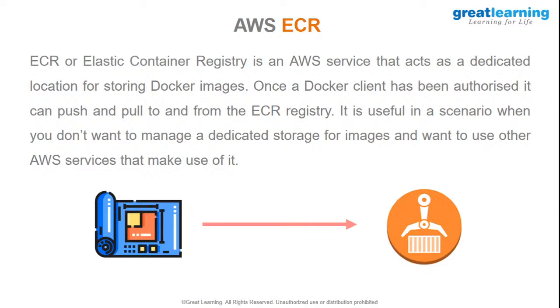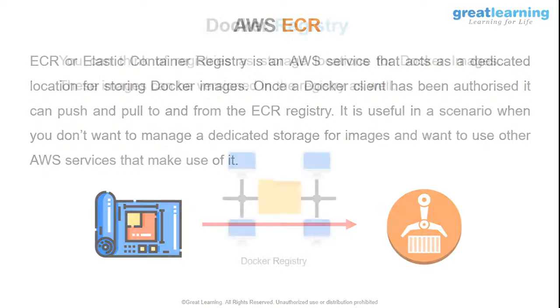You would rather use ECR because it's already managed by AWS, and you can use it to reference your images on ECS or EKS and launch your application. It becomes very easy because a lot of authentication steps are reduced when you are using a home-built registry within AWS itself.